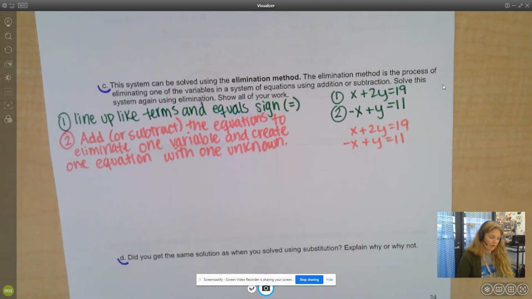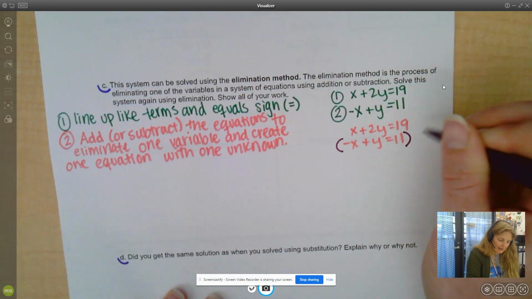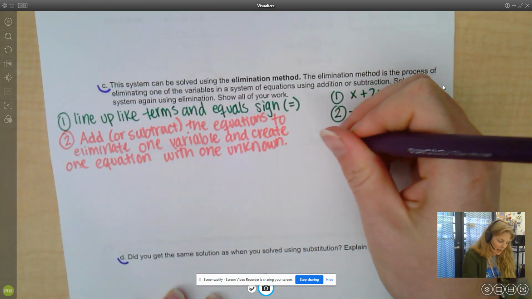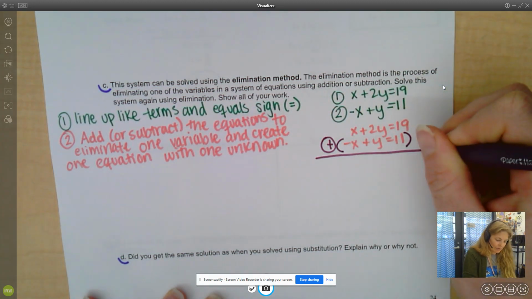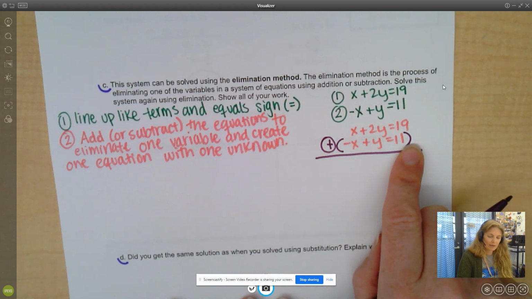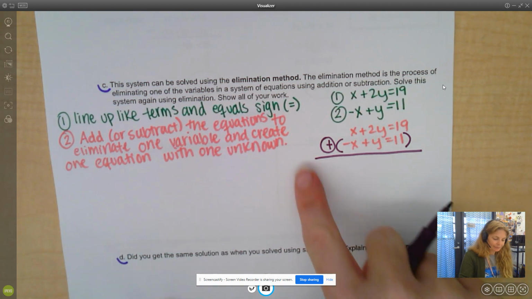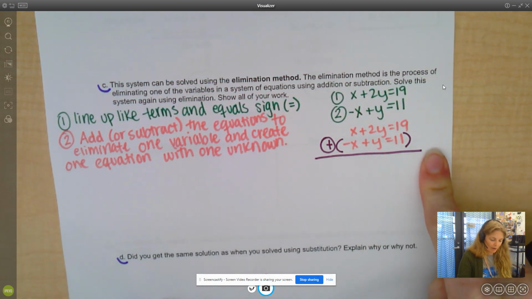Now that they are all lined up, I'm going to put parentheses around the entire second equation and show that I'm adding them. We want to put an addition sign with a circle to show that's the operation we're doing to the two equations in the system. Parentheses around the bottom one to show that we're going to be adding all of the terms together, and just your little equals bar here.